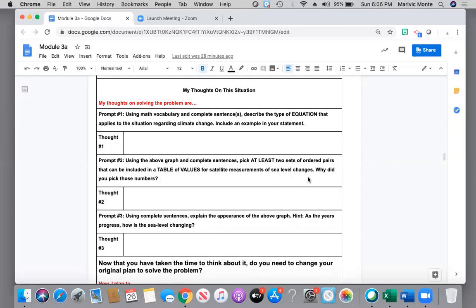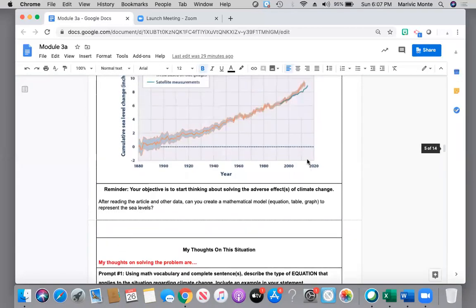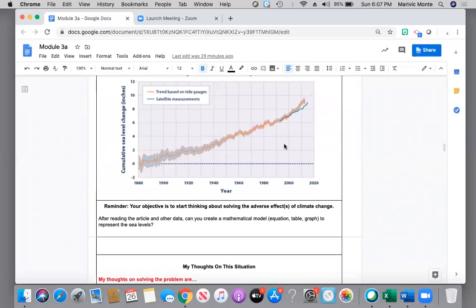And why did you pick those numbers? So if you go back to this graph, pick an easily interpreted set of coordinates from the graph.